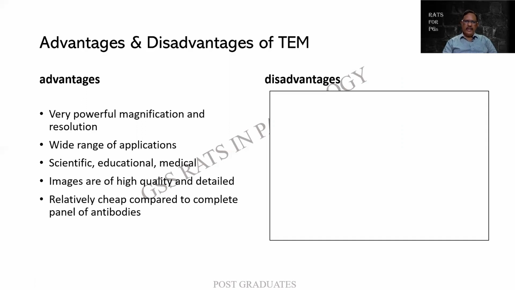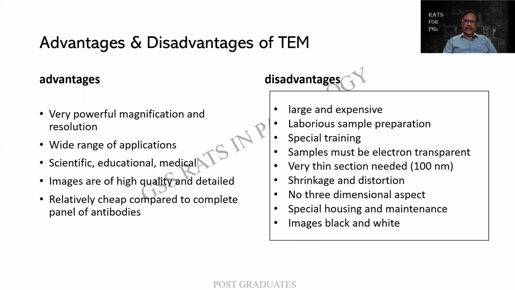The disadvantages, however, are the instrument itself is large. It is very expensive and you have to monitor it. There has to be a laborious sample preparation. Special training is definitely required. And the samples must be electron transparent, not light transparent, electron transparent. Very thin section. Generally, we need about 1 micron. Shrinkage and distortion is possible.